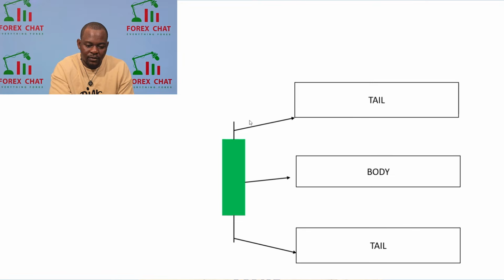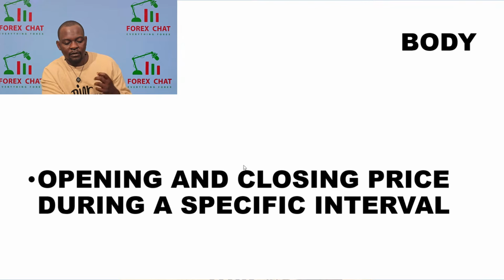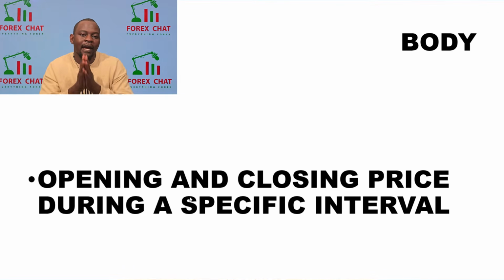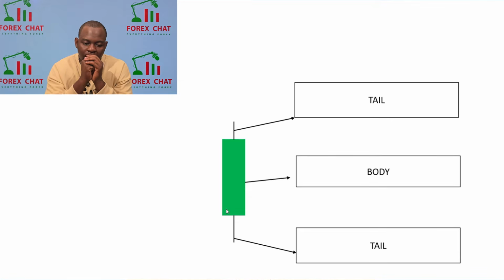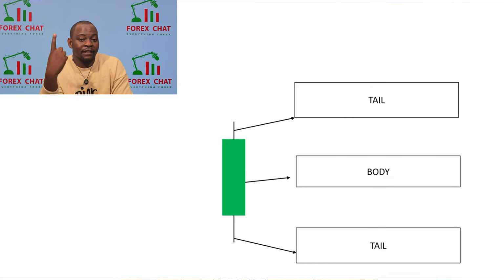Let's see what a body shows you. A body shows you the opening and the closing price during a specific interval. Like I told you, these candlesticks, right, you can program them to show you information for any specific interval. You can program them to show you information after every minute, right? You can program them to show you information after 5 minutes.